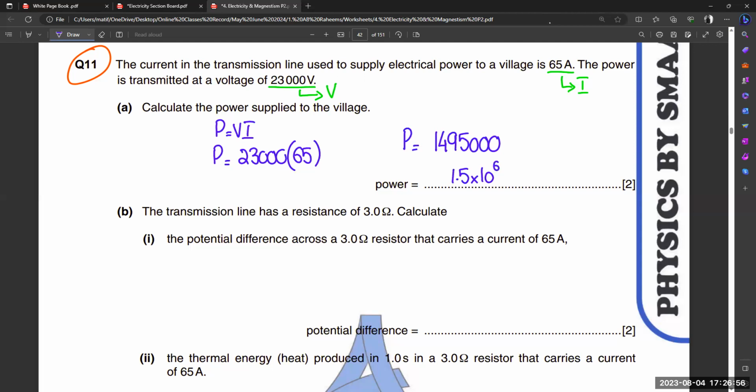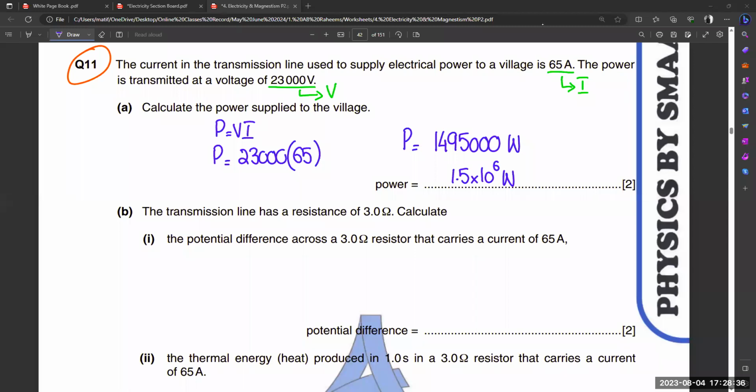The SI unit of power is watt, so we use W. So your answer is 1.5 exponent 6 watt.